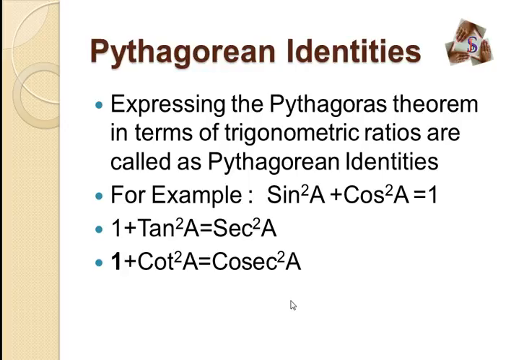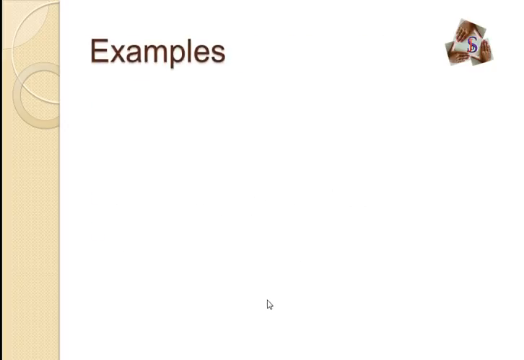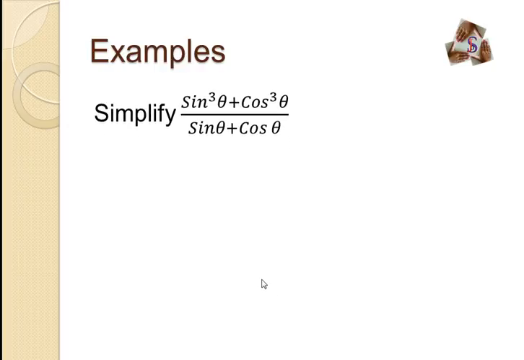So what is the Pythagoras theorem? The hypotenuse squared is equal to the sum of the squares of the other two sides in a right angle triangle. Now, let me illustrate to you how we can simplify trigonometric expressions using our fundamental identities.